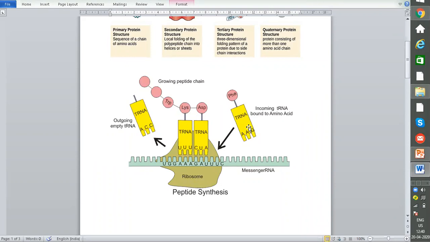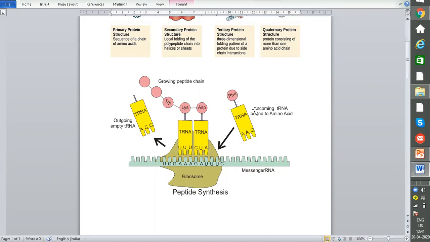And here this is the tRNA, transfer RNA. Transfer RNA will be transferred from the cytoplasm to the ribosomal area, and here it will be useful as an adapter.